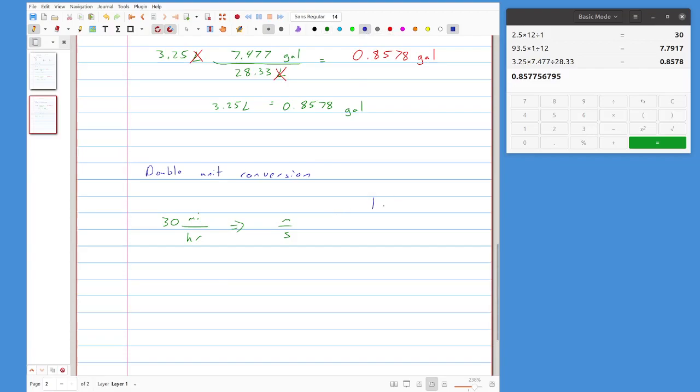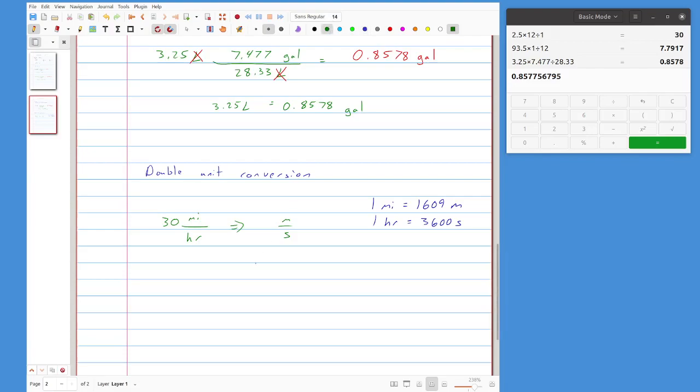And looking it up, we have that 1 mile equals 1,609 meters. And 1 hour is equal to 3,600 seconds. And that's because there's 60 minutes in an hour and 60 seconds in each minute. So that works out to be 3,600 seconds in an hour.